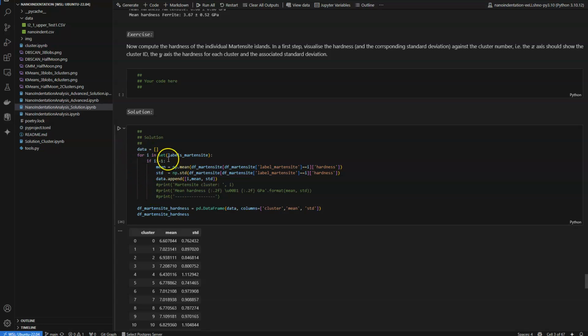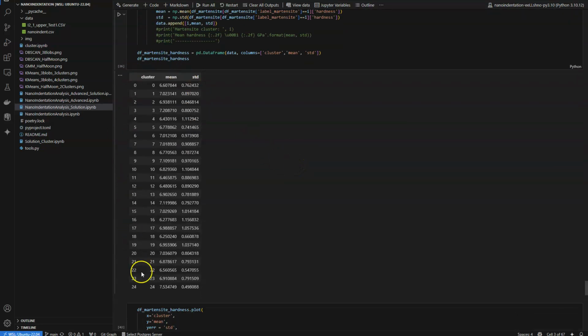So we take our data frame, and in DBSCAN the cluster ID -1 means noise, so we take everything that is not noise and then take the mean and standard deviation of all of those. That gives us another data frame of the 25 clusters, each with their hardness value and standard deviation, and you can see that it varies a bit.